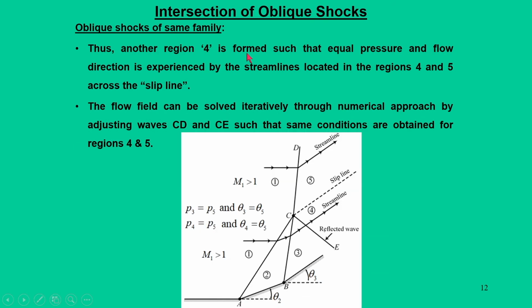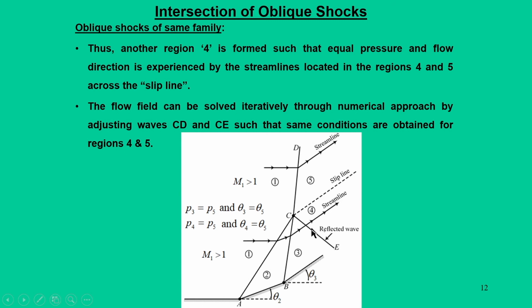So, another region, region 4, is formed such that equal pressure and flow direction is experienced by the streamlines located in regions 4 and 5 across the slip line. Now we have all the information. The flow field is solved iteratively through a numerical approach by adjusting the shocks CD and CE.